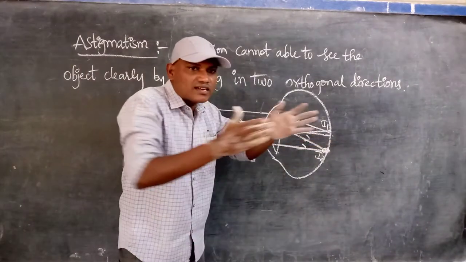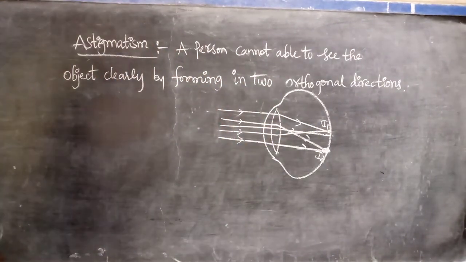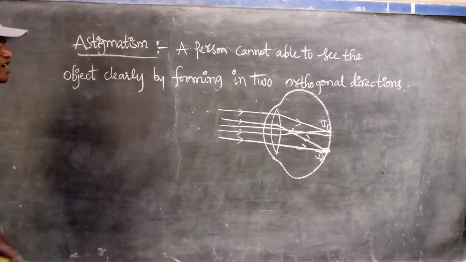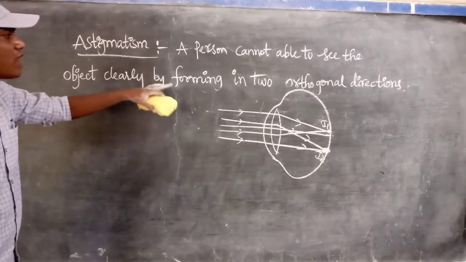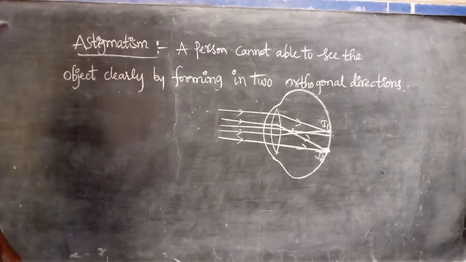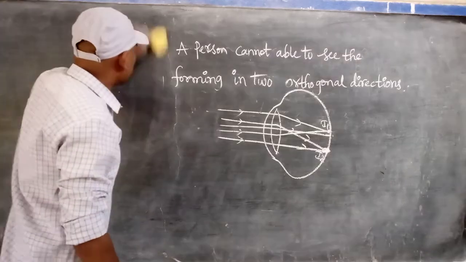These two images are not at a long distance, they are very near. That's why you are not able to see the object very clearly. Listen very carefully. A person cannot see the object clearly when images form in two orthogonal directions. That type of defect is called astigmatism.